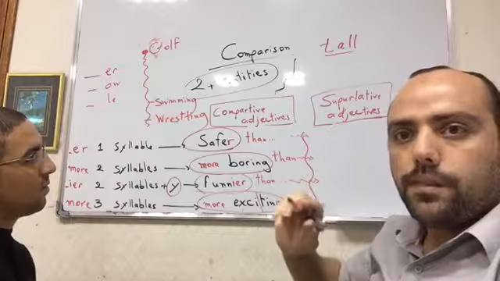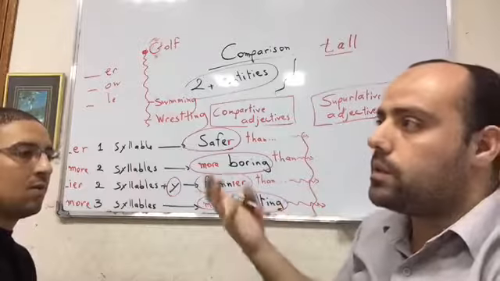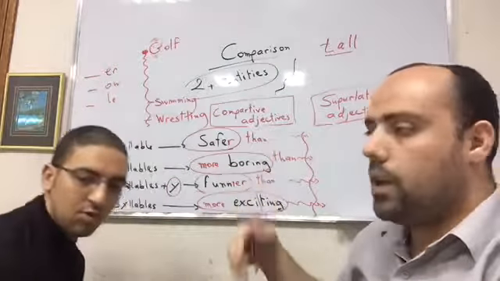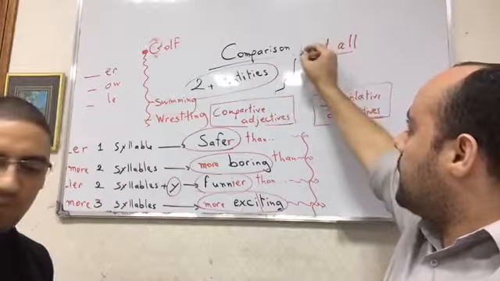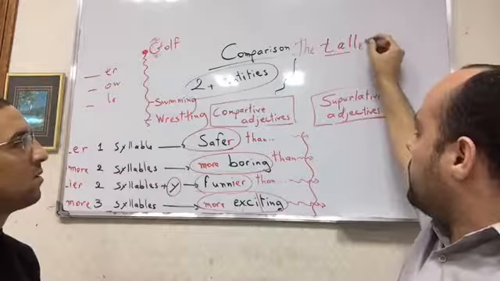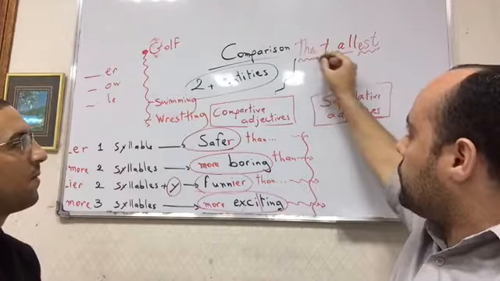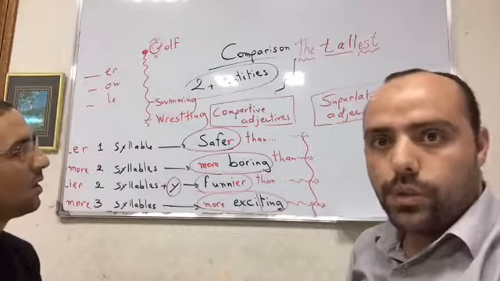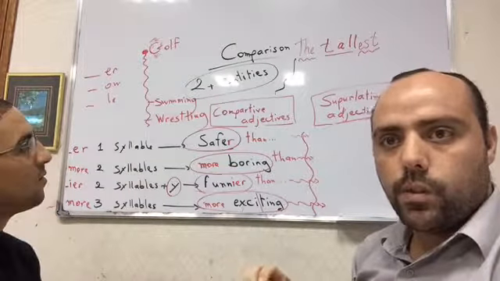If I'm going to say that Ahmed is two meters tall, I'm going to say that Ahmed is the tallest. So what I'm going to add is the before the adjective, then est at the end. That is the form if you're going to use an adjective in a superlative way.